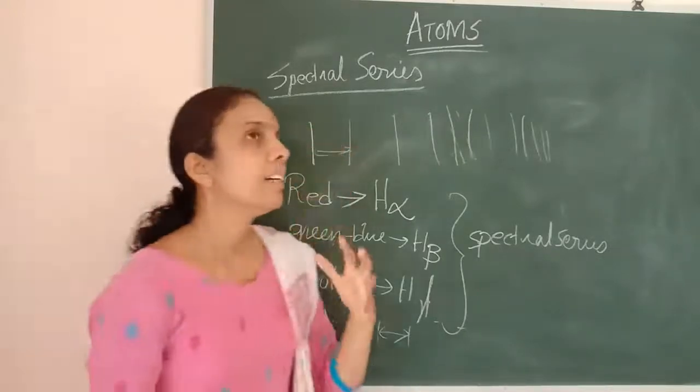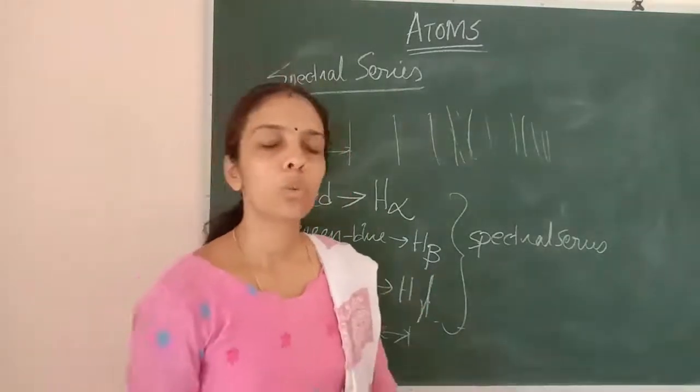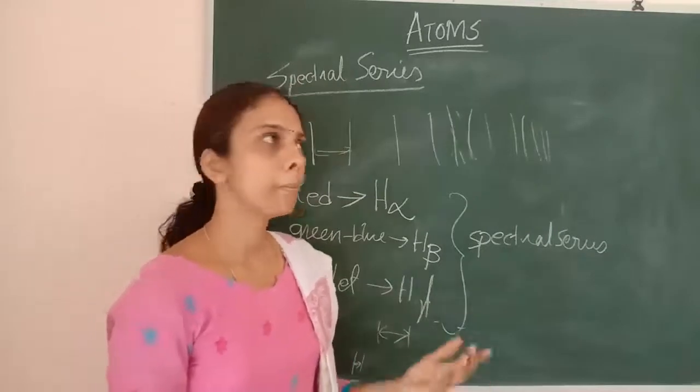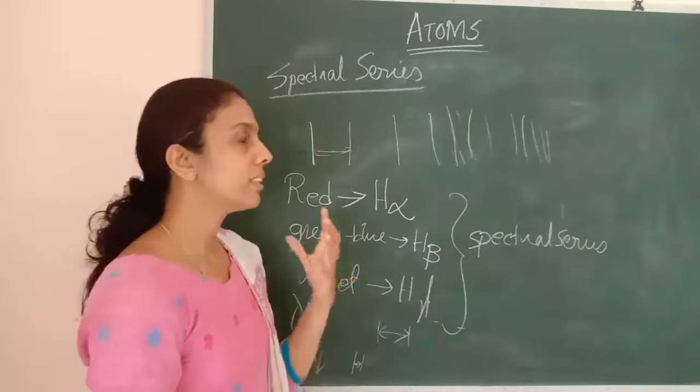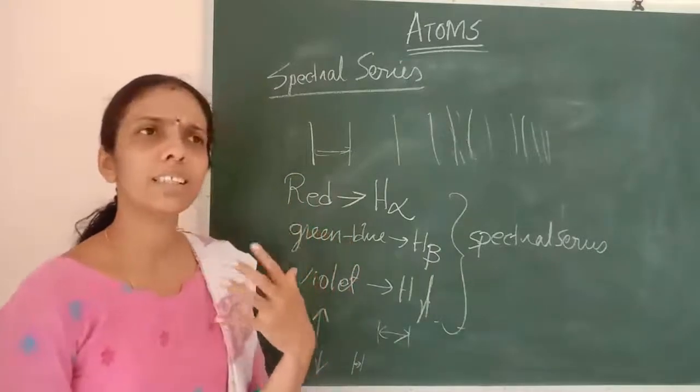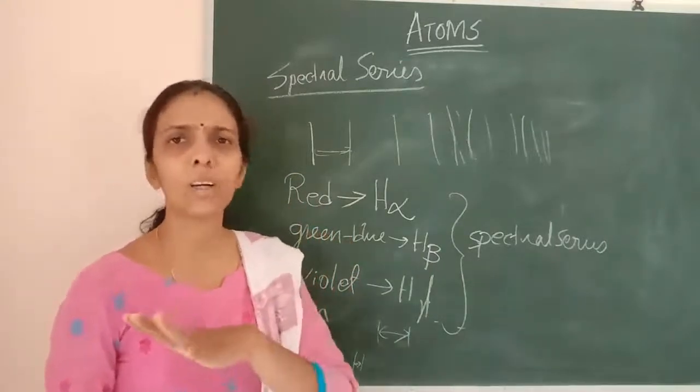Here a Swedish teacher, Johann Balmer, gave an empirical formula without any theory.